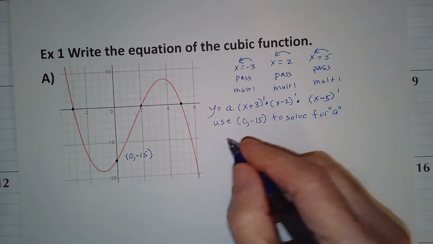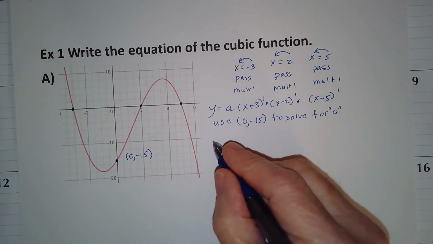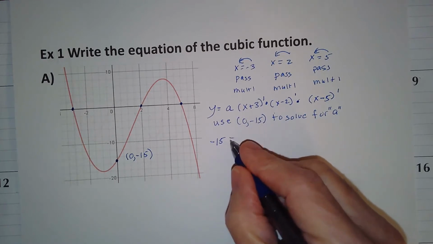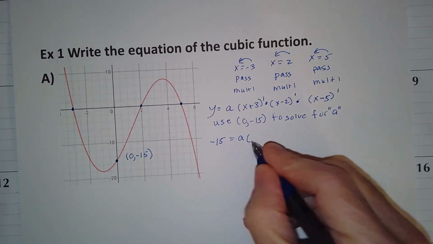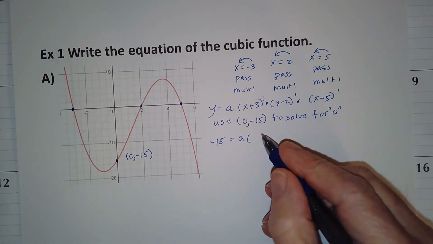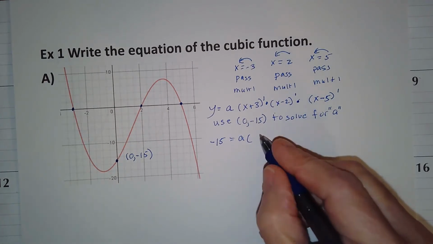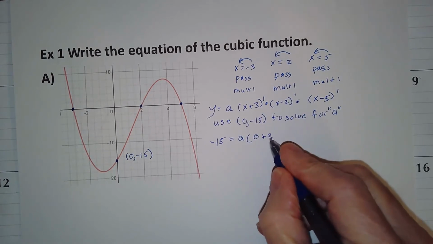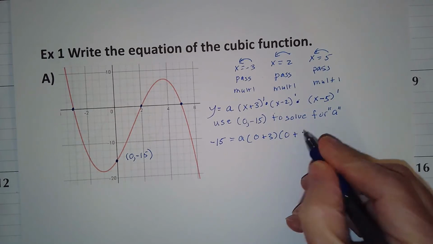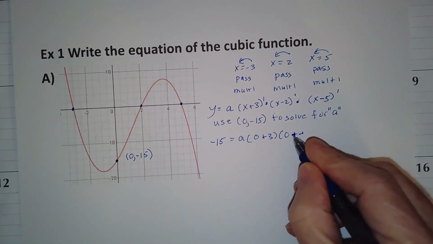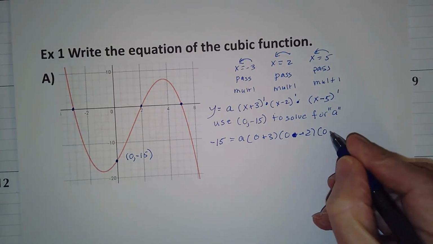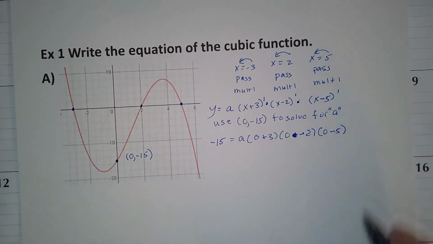So -15, right, is going to be our y, and that equals a times, now let's see here, this would be 0 plus 3 times 0 minus 2 times 0 minus 5, okay?